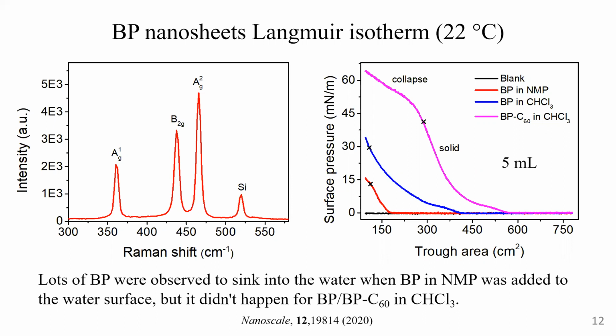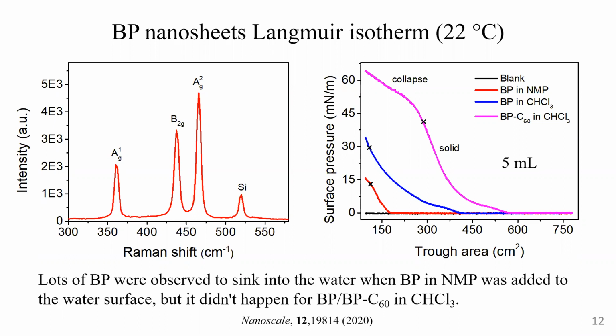And based on this isotherm, we could start the transfer of the nanomaterial from the water surface to the substrate. And we keep the surface pressure fixed, for example, for BP in NMP fixed at around 12 millinewtons per meter. For BP in chloroform, about 30. So basically for these two, they are around their maximal surface pressure. But for BP with fullerene in chloroform, we choose around 40 millinewtons per meter.